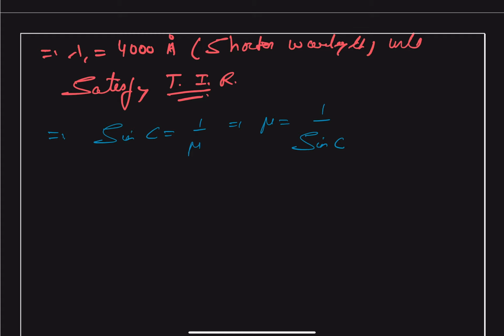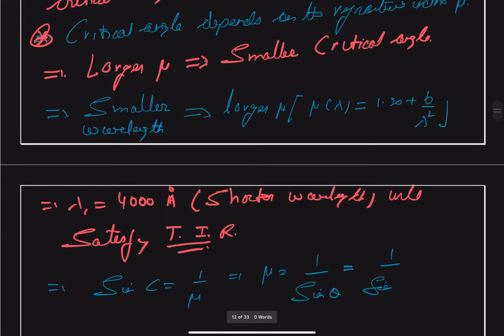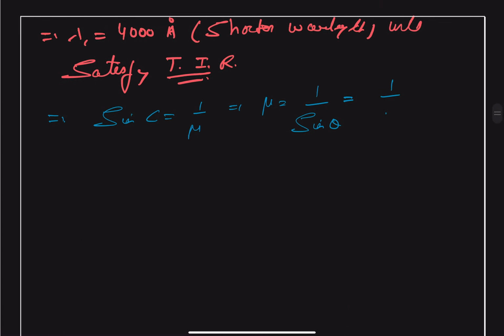One second, oh, my mistake. So we can say that mu is equal to 1 upon sine of theta. Sine of theta is given as 0.8, so we can directly write this value. This will be equal to 1 upon 0.8, giving us mu equal to 1.25.